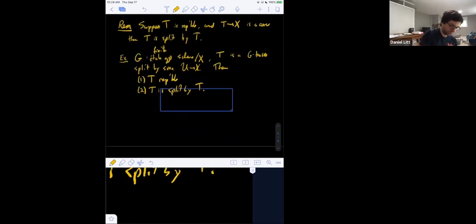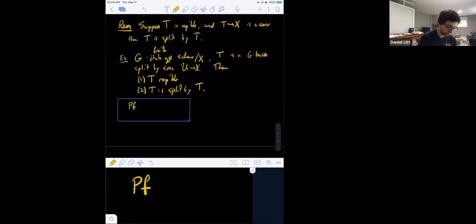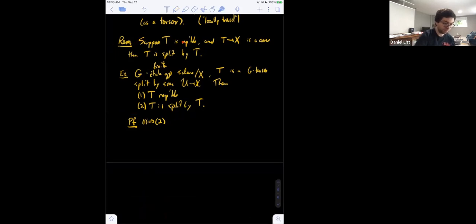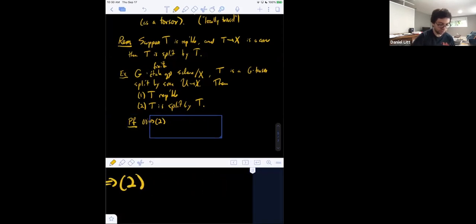So let's actually prove this. First of all, I claim 1 implies 2. Can anyone explain why? Yeah, Ben writes in chat, well, T times itself is trivial. That was exactly this remark up here. In order to verify 2, all we need to do is verify that T is actually a cover of X if it's representable.